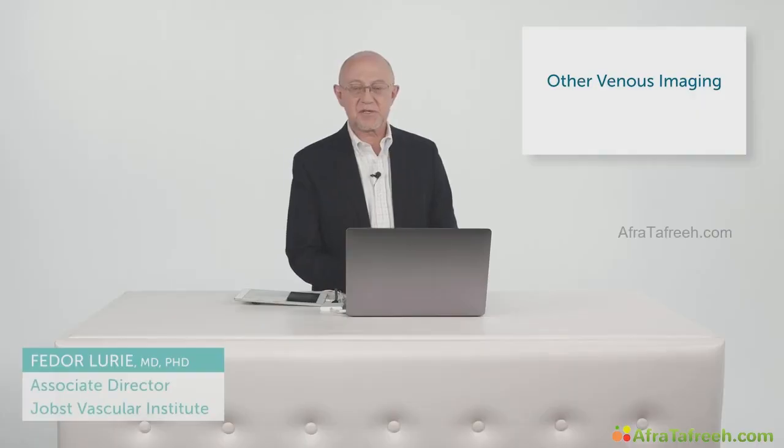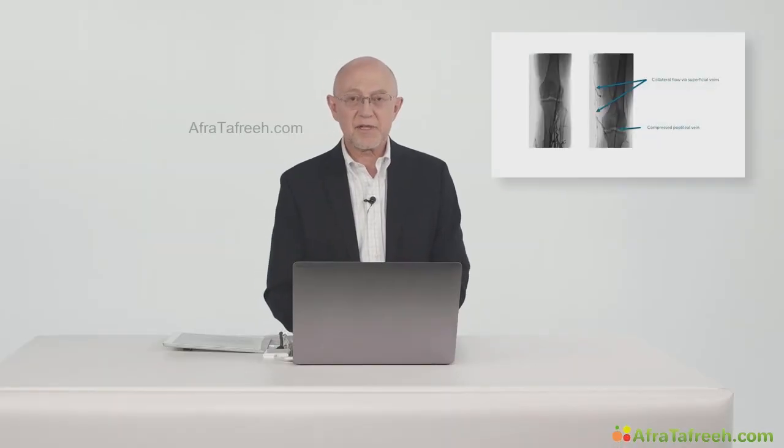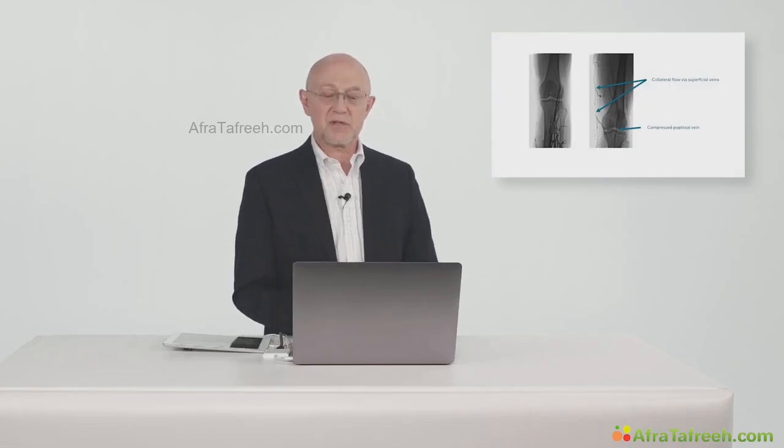For reference, we will correlate multiple intravascular ultrasound and venography images with Dr. Lurie. Other venous images. Although we rarely use venography anymore, some pathological conditions require its use. An example is popliteal vein entrapment syndrome.